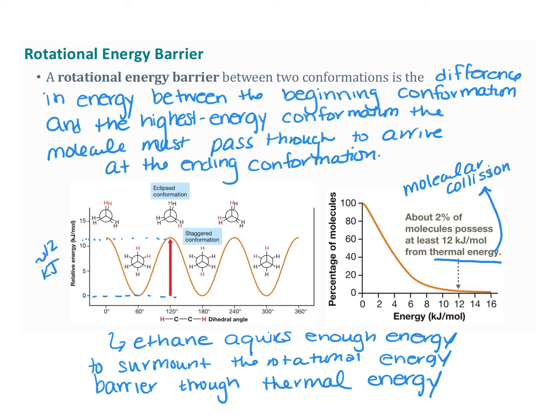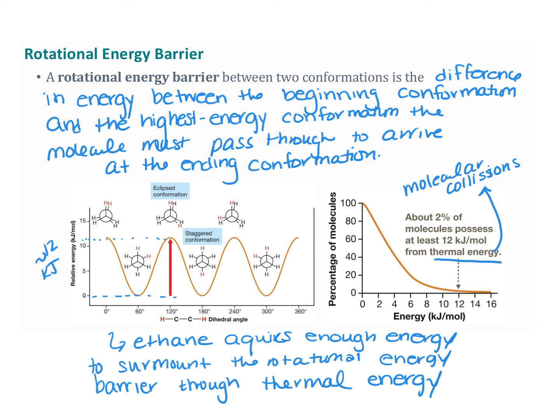As the temperature increases, the average thermal energy is calculated as the product RT, where R is the universal gas constant and T is the temperature in Kelvin. If T is right around 298 Kelvin, the average thermal energy is right around 2.5 kilojoules.